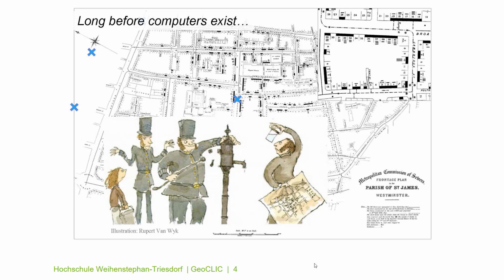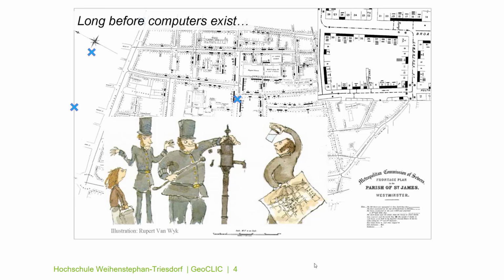And he realized that it was only people in a certain neighborhood affected by this outbreak. And he marked the infected people on a map. And with this mapping exercise, he was able to locate the origin of the outbreak, which was one specific well.